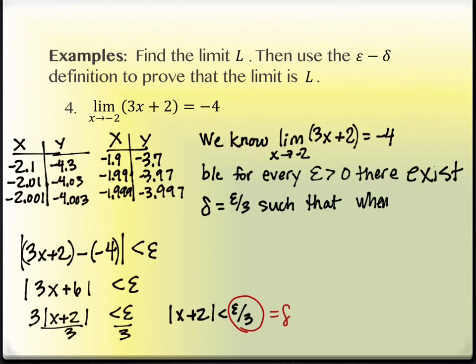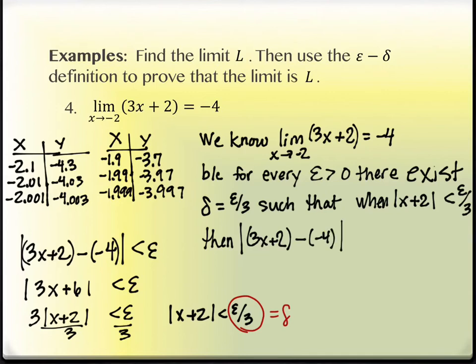But here's the way the rest of the proof is worded, such that when, so we start at the bottom of the proof and work our way up with our description. When the absolute value of x plus 2 is less than that epsilon over 3, then my function, 3x plus 2 minus -4, is less than epsilon.